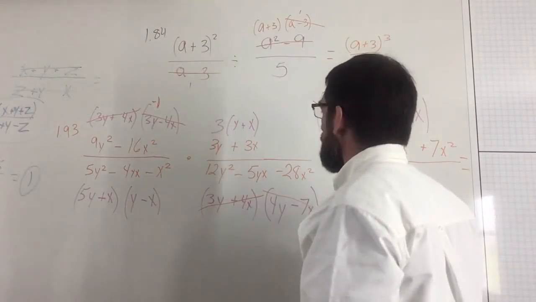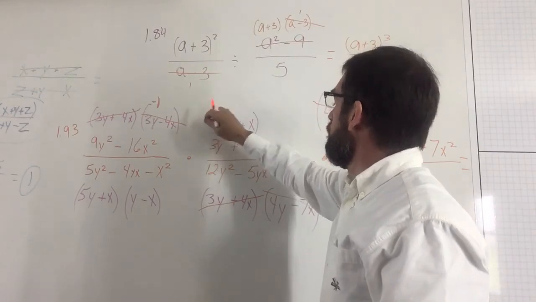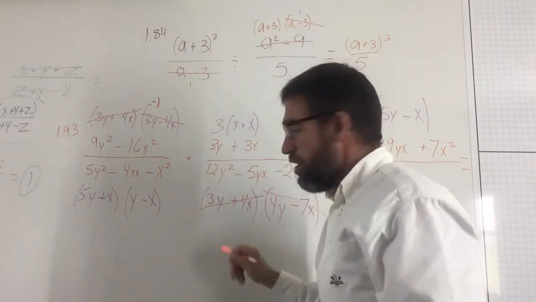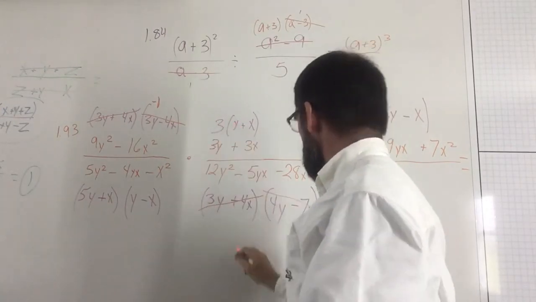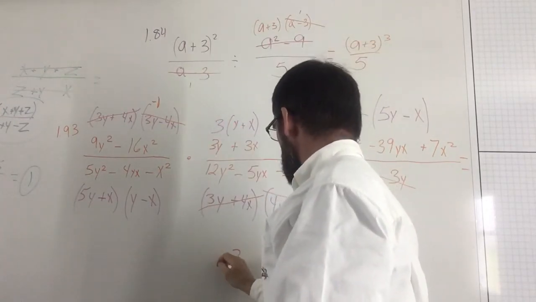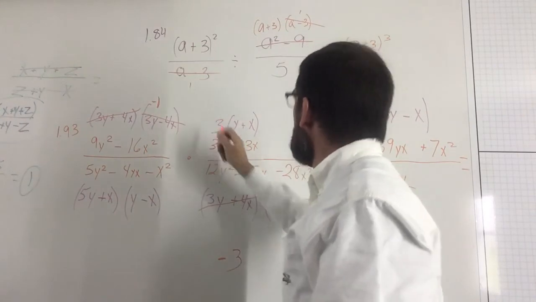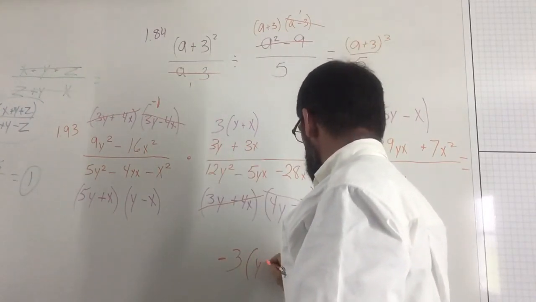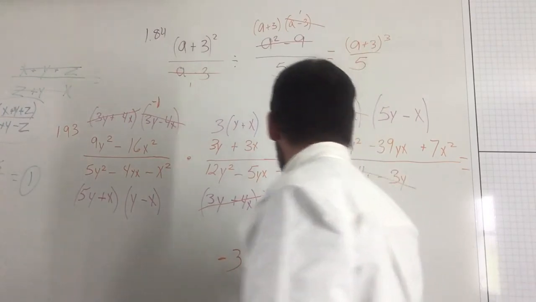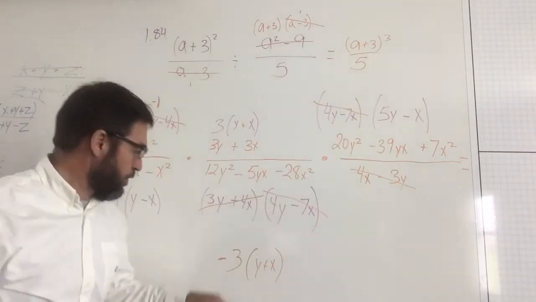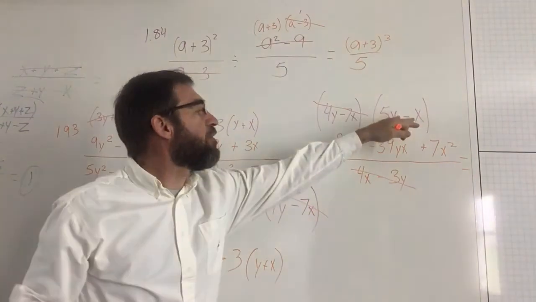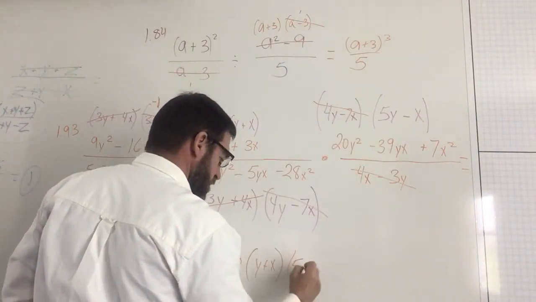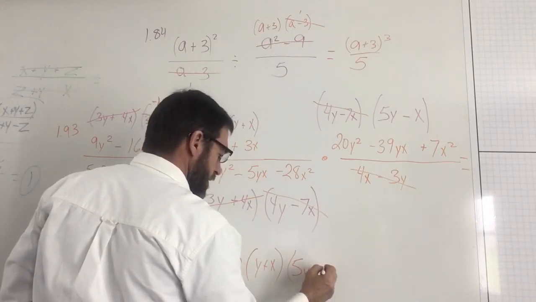So, if I condense this down, this is what I've got left for my answer. And I'm going to write the answer here because there's no room at the end for you to see. I have 3 negative, because I've got 1 times 3, that's -3. And then I've got a y plus x. Now if you're with me, here I've got the 5y negative x. 5y negative x.